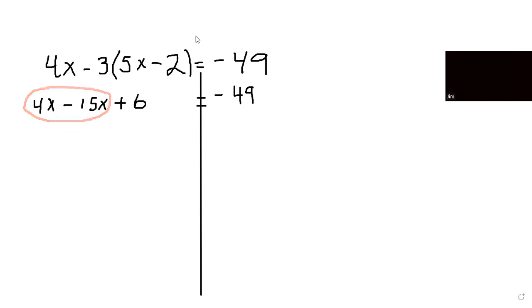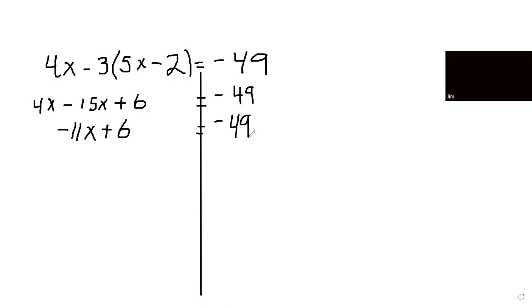So we can combine those two into a negative 11x because 4 minus 15 is negative 11. And the letter x just kind of goes along for the ride. So now we have negative 11x plus 6 equals negative 49.